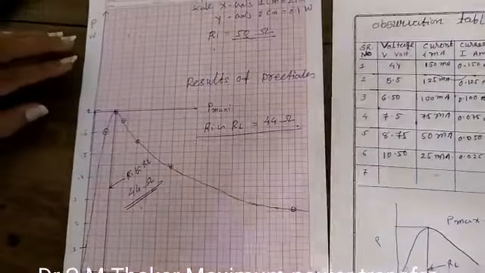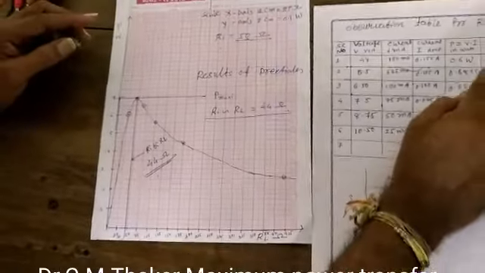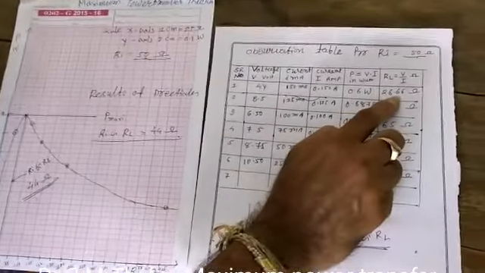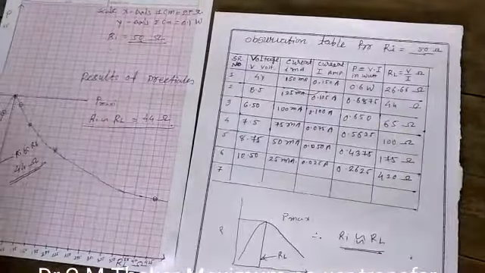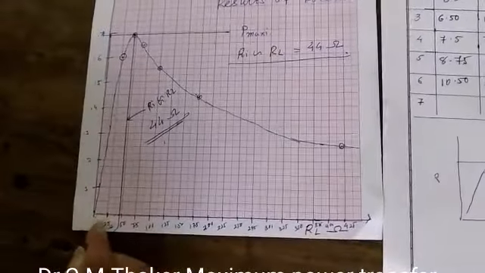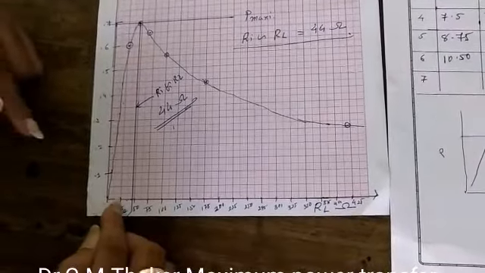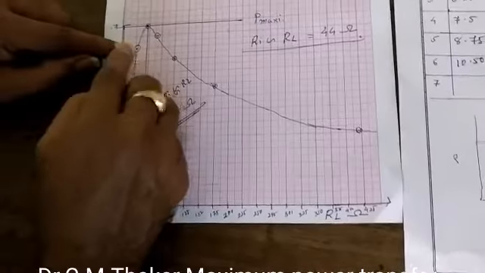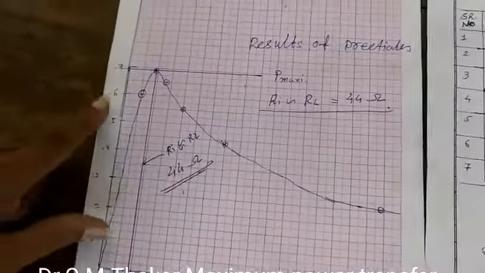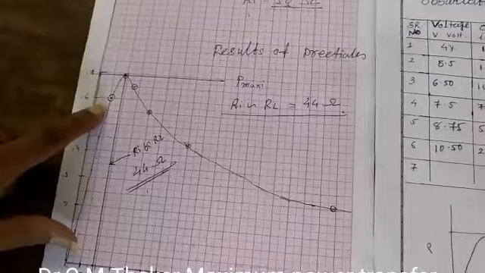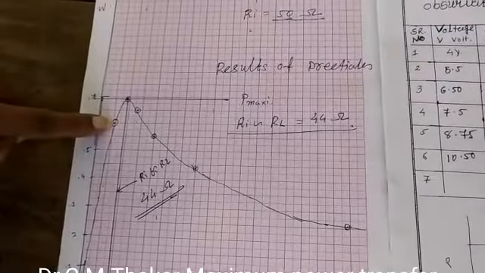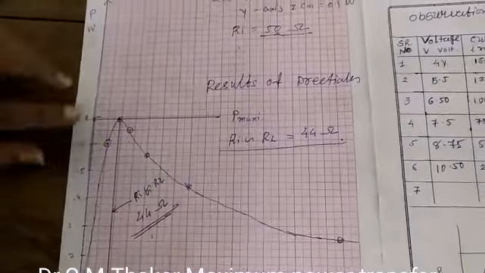Just put in the values of the observations. Suppose 26.66 ohms, here is the 25, and one point of that is shown here, and power is 0.6 watt, sorry, right?